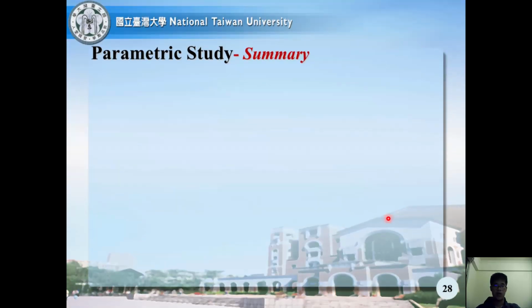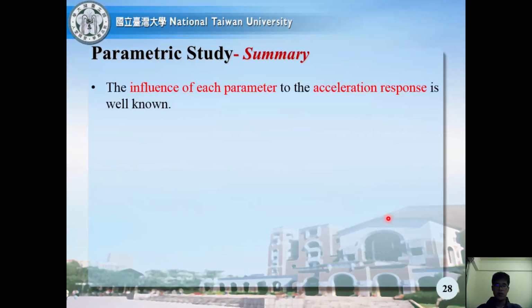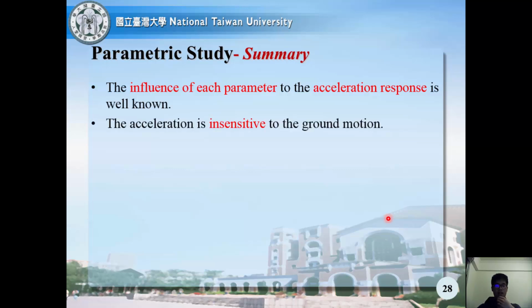So here's my summary. First of all, the influence of each parameter toward the acceleration response is well known: the larger the friction coefficient or the larger the inclination angle, the larger the absolute acceleration. And the acceleration is insensitive to the ground motion.